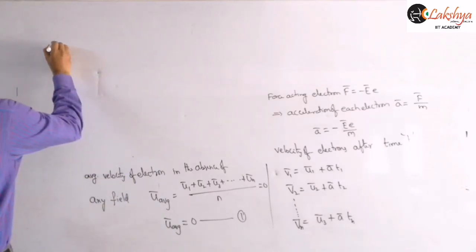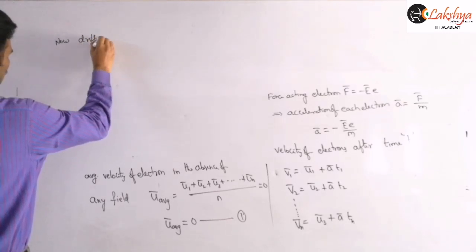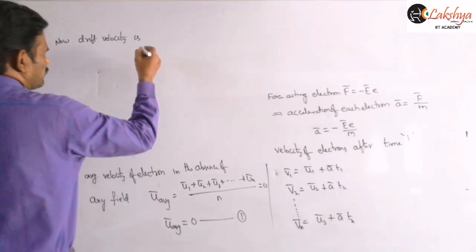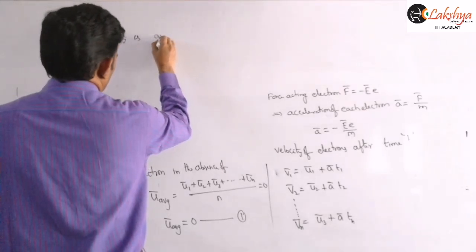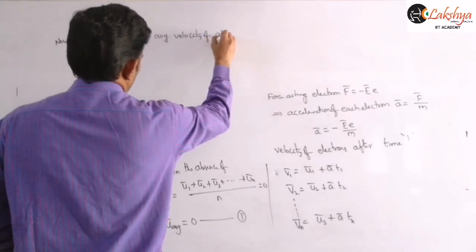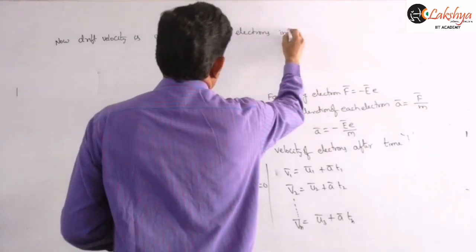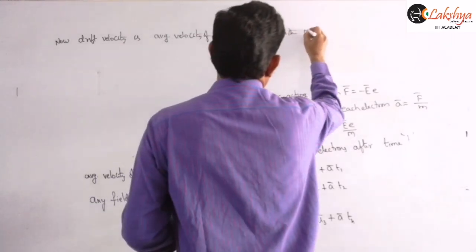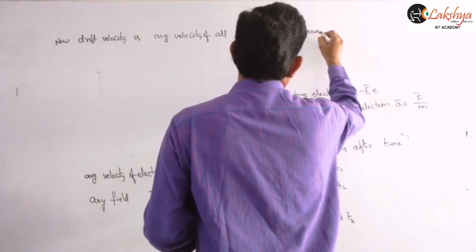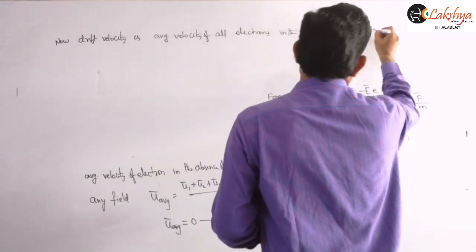So, drift velocity is the average velocity of all electrons in the presence of electric field.